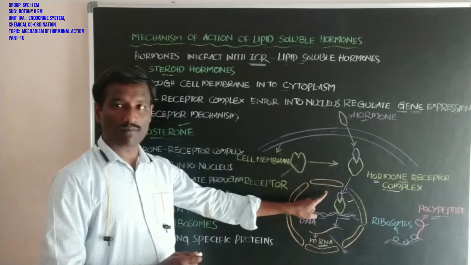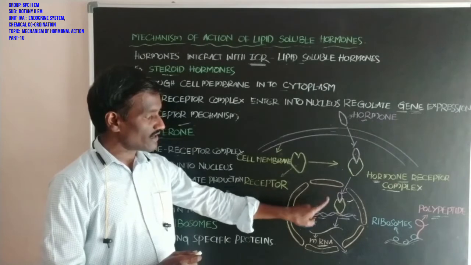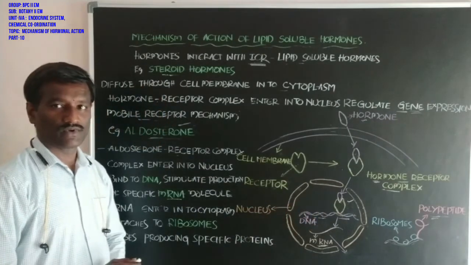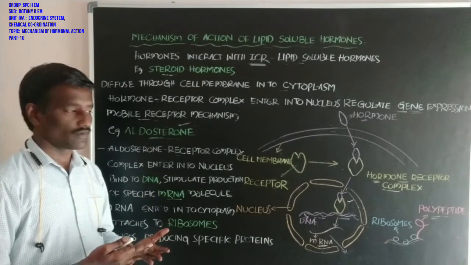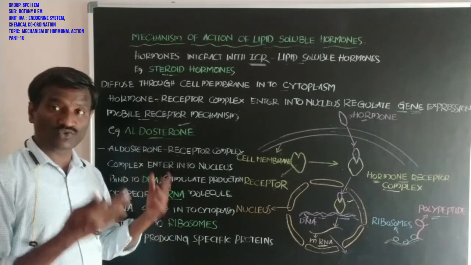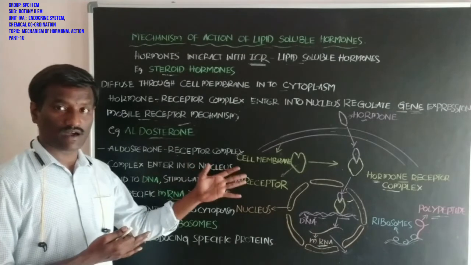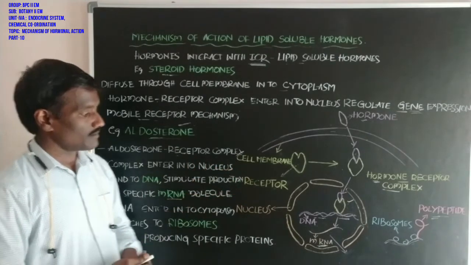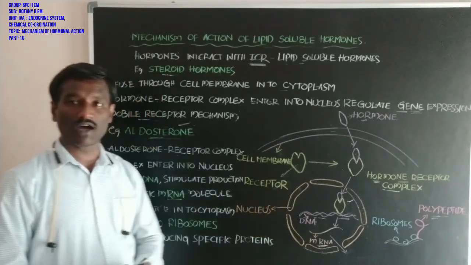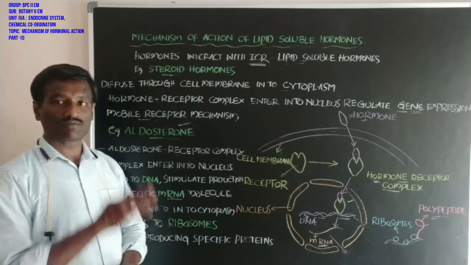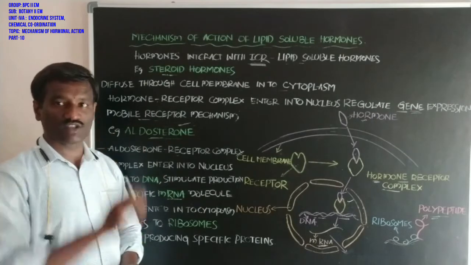The hormone receptor complex also enters into the nucleus to regulate gene expression and to produce the final effect by the cell. The DNA strand produces an mRNA molecule. From the nucleus, mRNA enters into the cytoplasm.